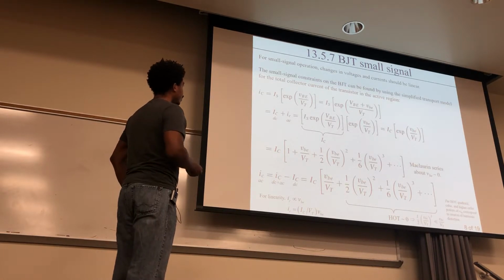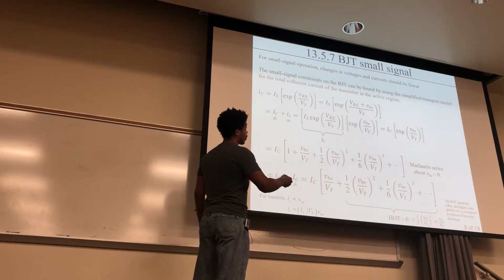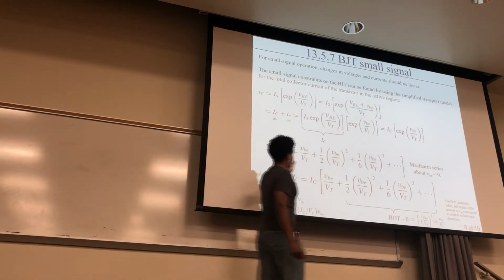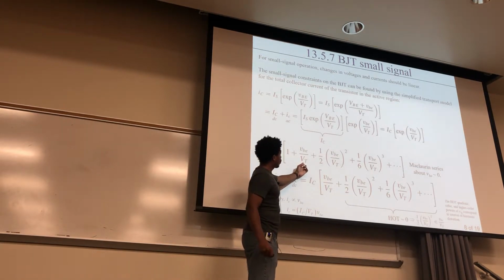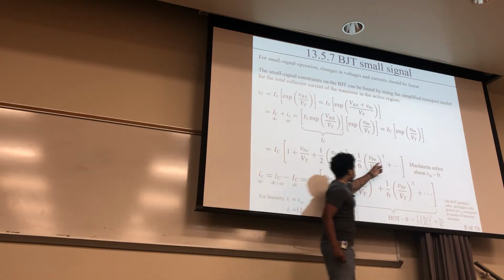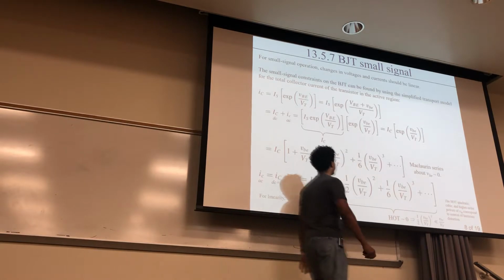Then what you could do is take this and do a Maclaurin series, because you're going to expand that about VBE being close to 0. Then you have all these terms: your 0th order term, your 1st order term, your 2nd, where that VBE is squared, your 3rd order term, where this is cubed, and so on.